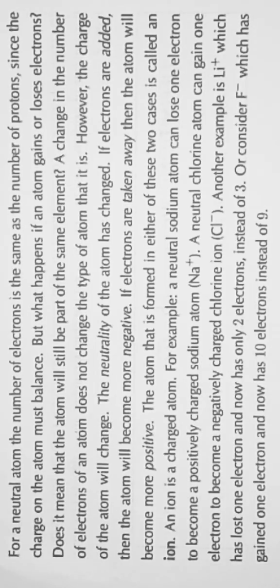For a neutral atom, the number of electrons is the same as the number of protons, since the charge on the atom must balance. But what happens if an atom gains or loses electrons? Does it mean that the atom will still be part of the same element? A change in the number of electrons does not change the type of atom it is.